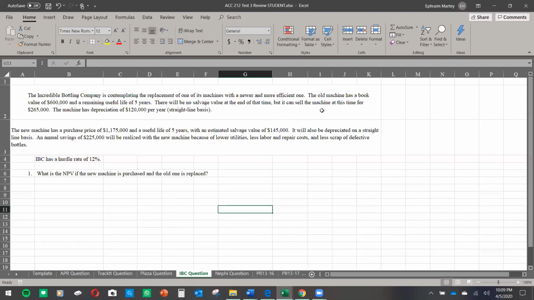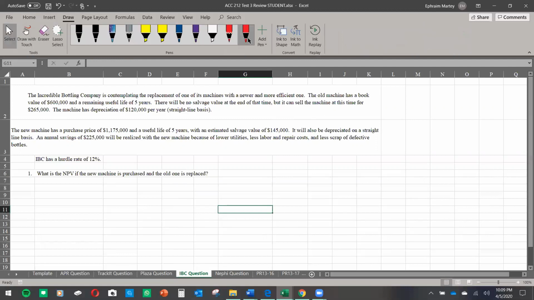There'll be no salvage value. The only thing needed in this information is that it can be sold at this time for 205,000. This is the only information needed here; everything else is useless, that is accounted for already. Now we have the new machine.